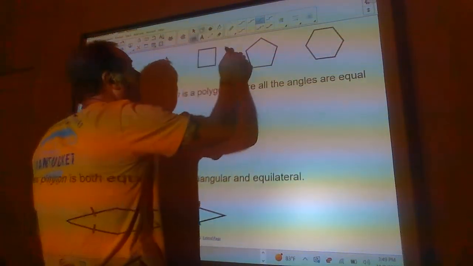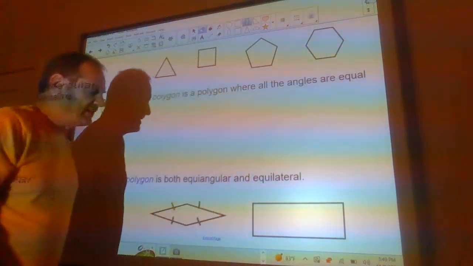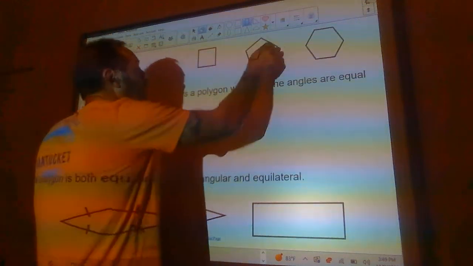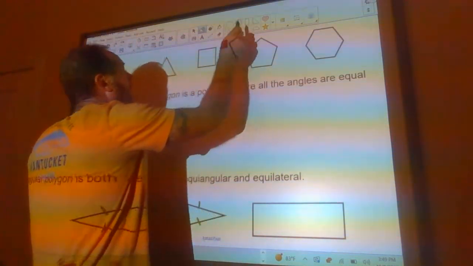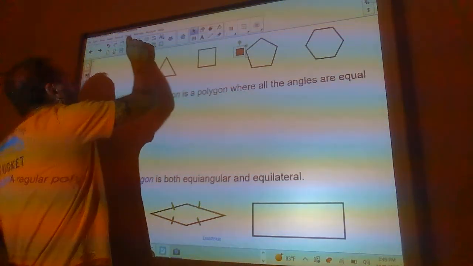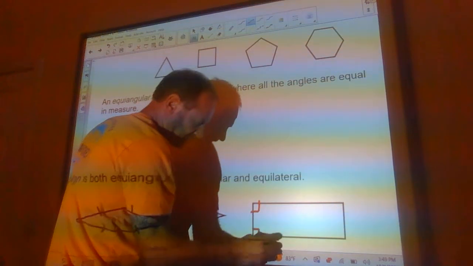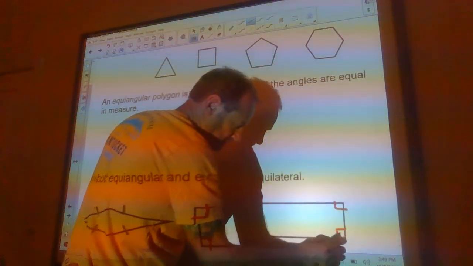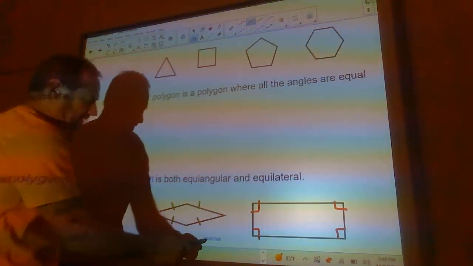Another one would be a rectangle. This is equiangular because all these are 90 degrees. But it is not equilateral because the sides are not equal.